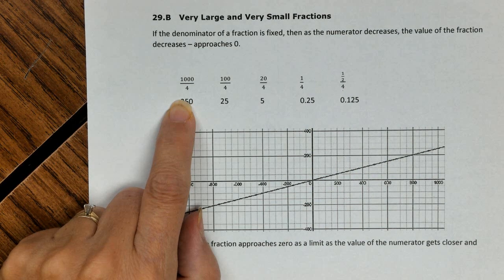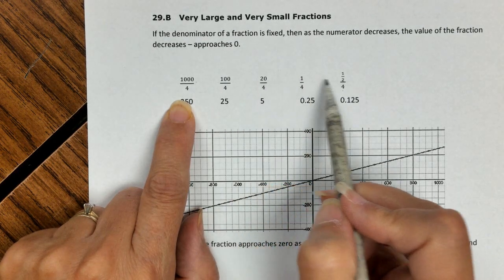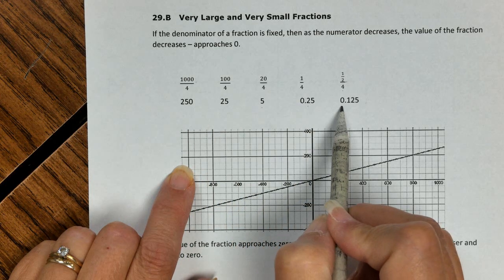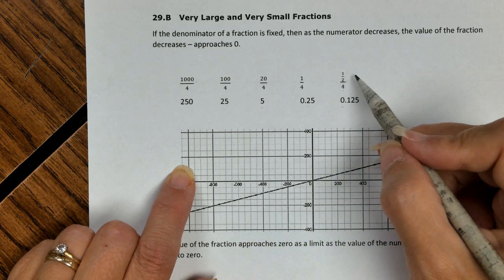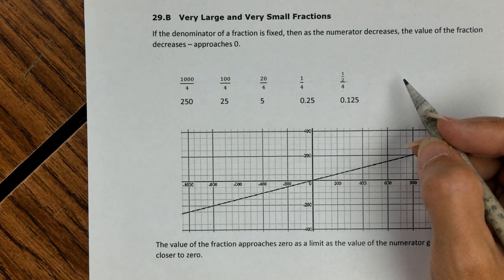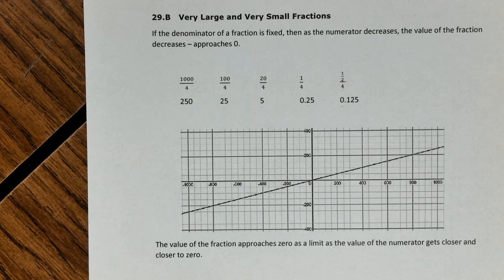So it's approaching 0. We'll start with a fairly big one. Numerator's decreasing. We see what happens to the value when we simplify them. That is also decreasing. And it won't get down to 0 until we would actually make the numerator 0. So it's approaching 0, getting smaller, smaller, and smaller until it goes down to 0.